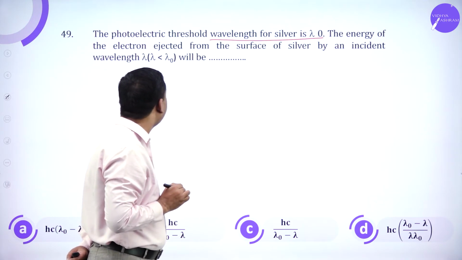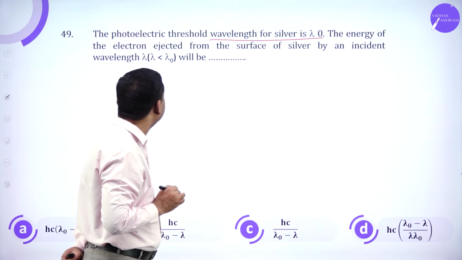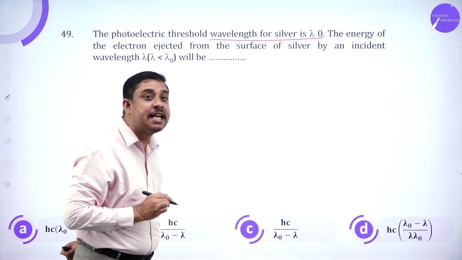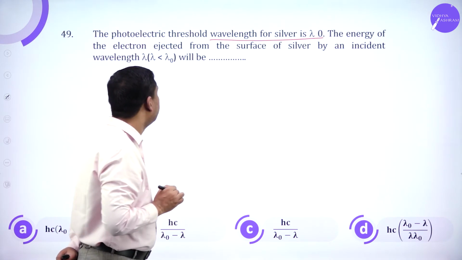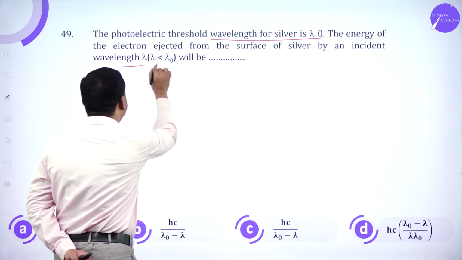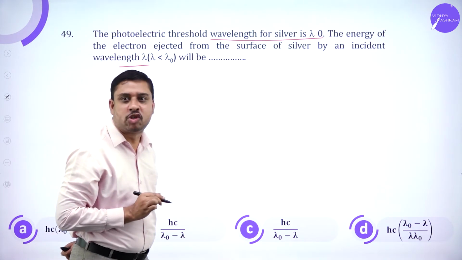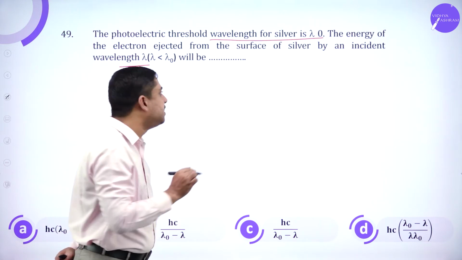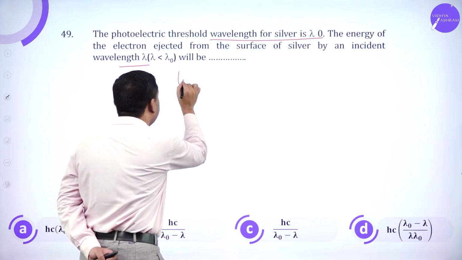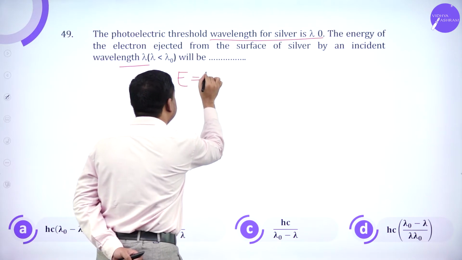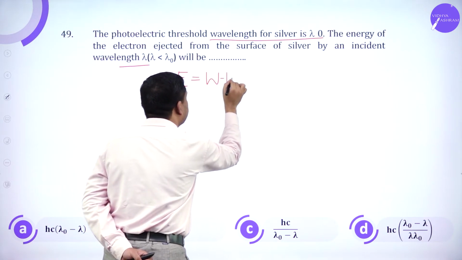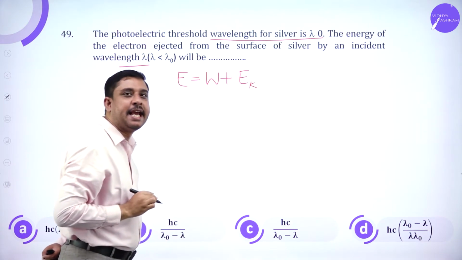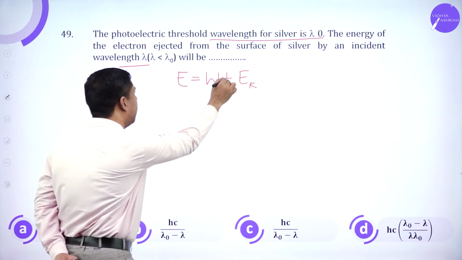The energy of the electron ejected from the surface of silver when light of wavelength lambda is incident on it. Let us refer back to Einstein's equation, where energy is work function plus kinetic energy of the electrons.